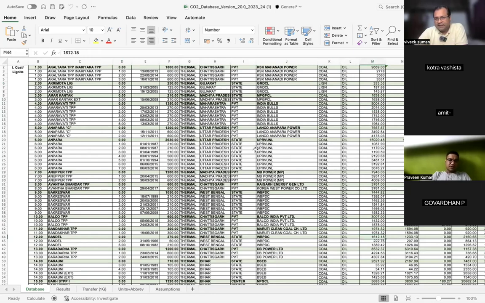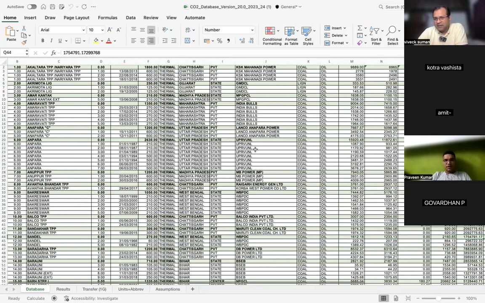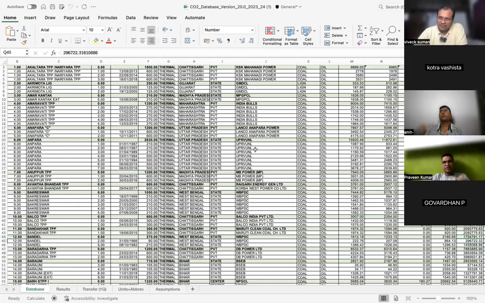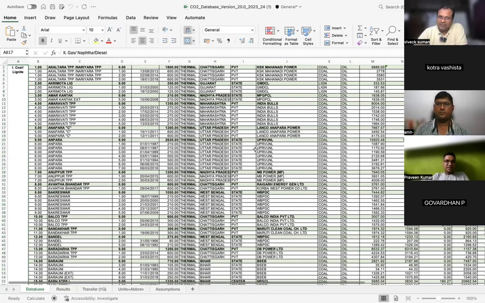And so you were also telling us to do the research. Yes, that's the homework: why 0.82 is considered by some people, and why we have to consider 0.72. I had done some research on this. 0.82 is considered mostly in the case of coal power plants, but in India we are not producing electricity just from coal.